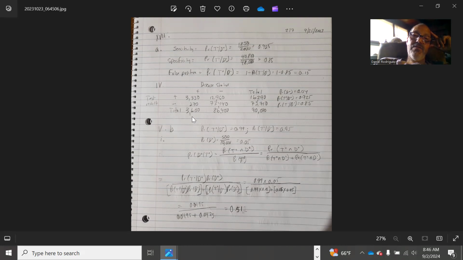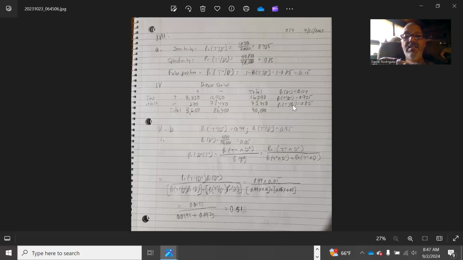So 0.925 times 3,600 is 3,330. The remainder of these are what we call false negatives, right? Because they tested negative, but they do have the disease, so they're false negatives. So we do 3,330, subtract that from 3,600, and we get 270 individuals. We've got 1, 2, 3, 4, 5 cells complete.